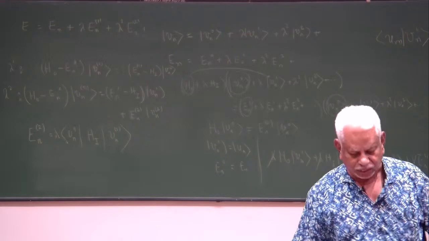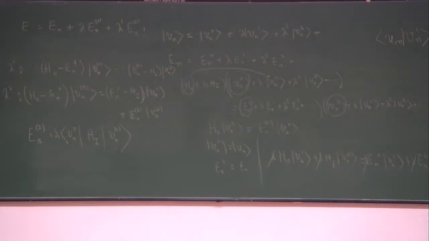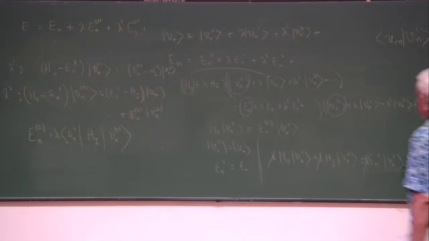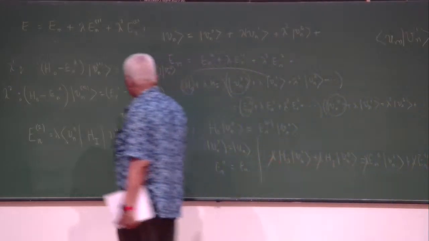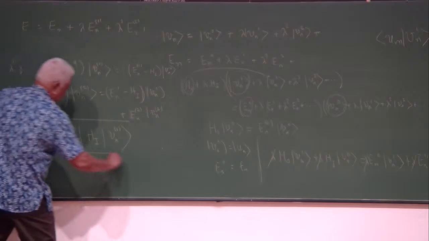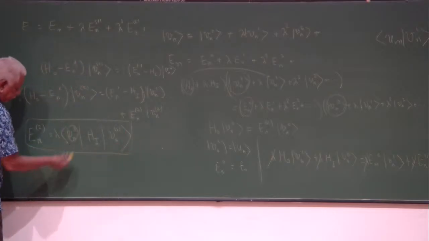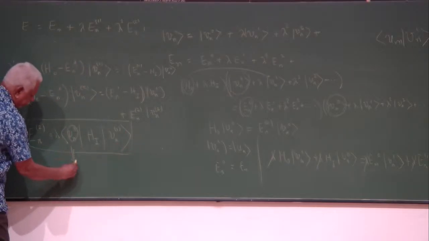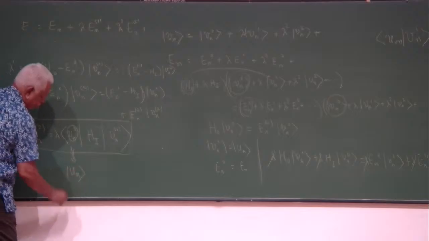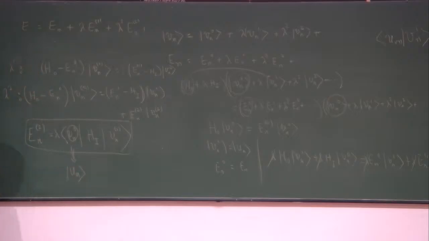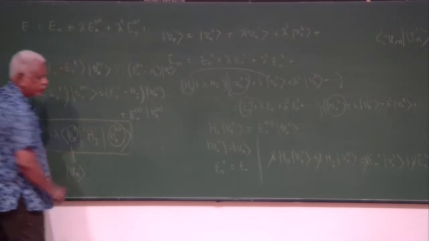This is a formal result. The formal result is what I have written down here. I know Vn0 is my Un. The question is, what is Vn1?